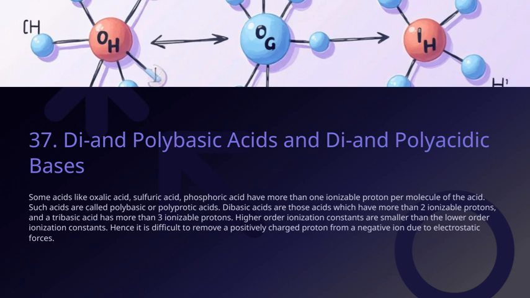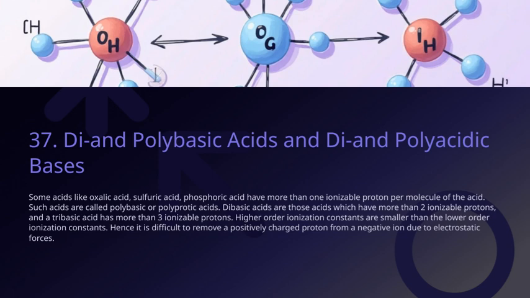Now, an important point to remember is that higher-order ionization constants are actually smaller than the lower-order ones. What does that mean? It means that as you remove successive protons, it becomes increasingly difficult. This difficulty arises because removing a positively charged proton from a negatively charged ion involves overcoming electrostatic forces.